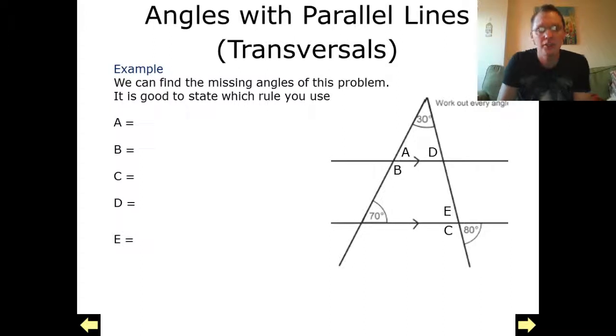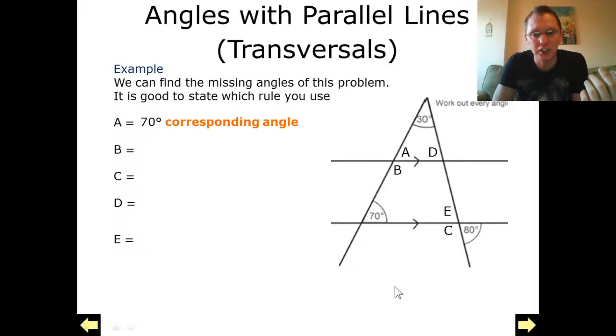So angle A in this problem, I've got 70 degrees because it's a corresponding angle. As you can see here, I've got an upside down F shape. So this angle in this stem will be equal to this angle in this stem. So it'll be 70 degrees. Angle B is going to be 110 degrees.